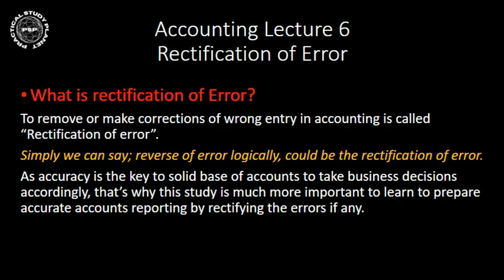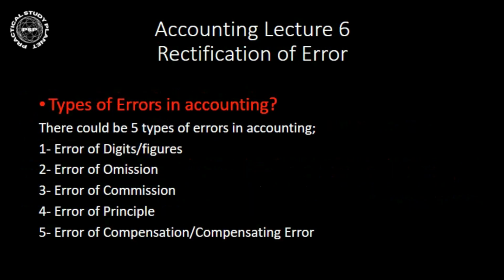As accuracy is the key to a solid base of accounts for taking business decisions accordingly, this study is much more important for preparing accurate accounts reporting by rectifying the errors, if any. When there is no error, the accounting record and reporting will be a basis for good decisions.